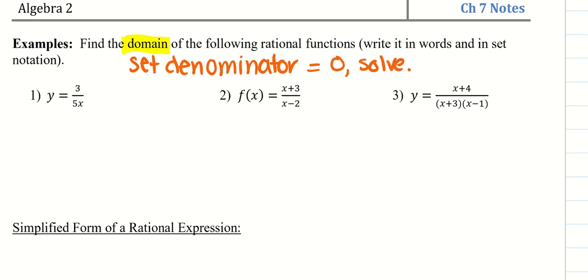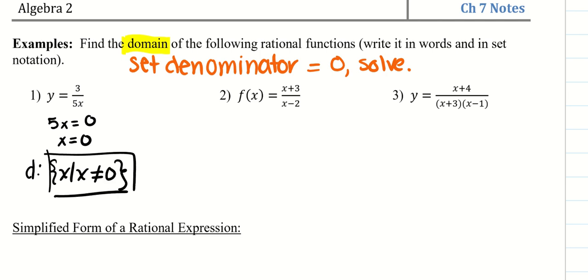So we're using the zero product property here. 5x equals 0, so x equals 0. The domain is all values of x except x equals 0.